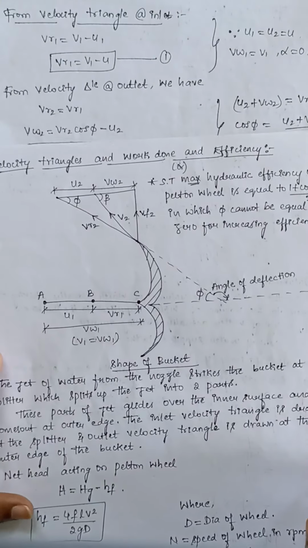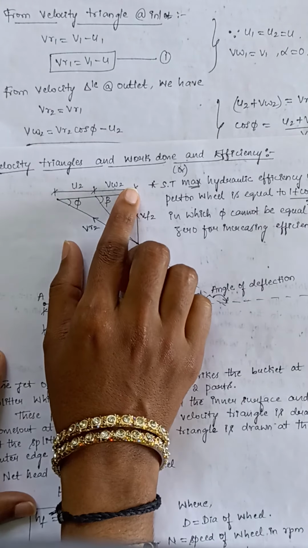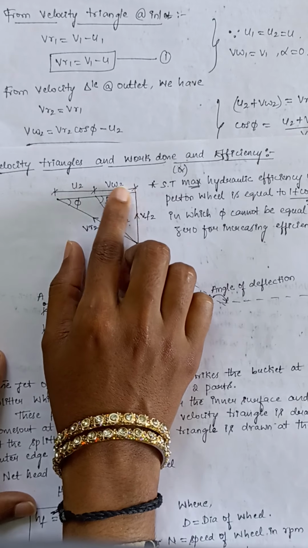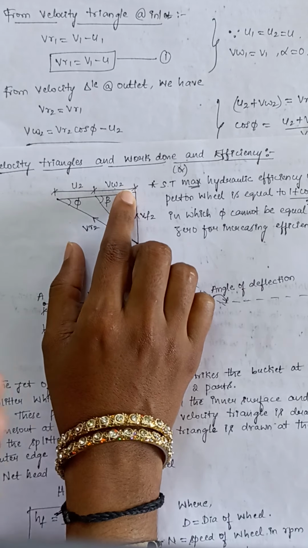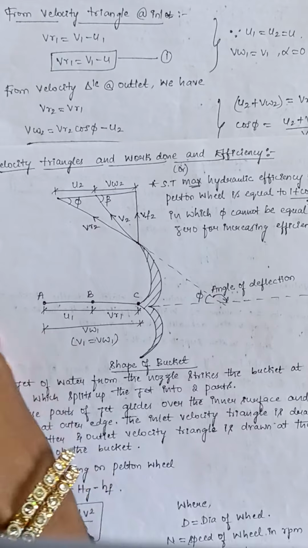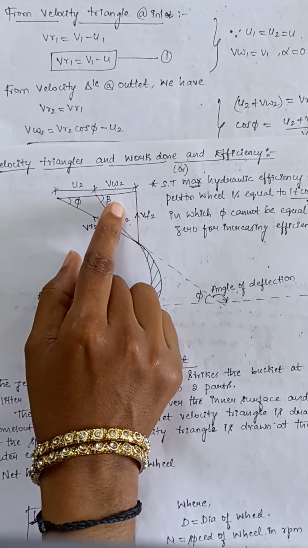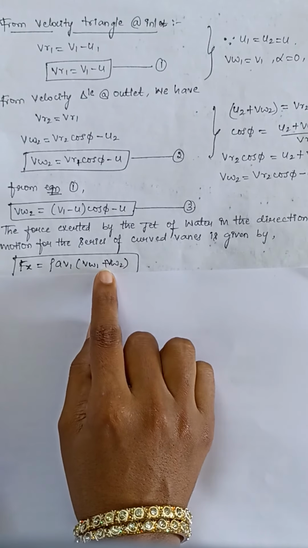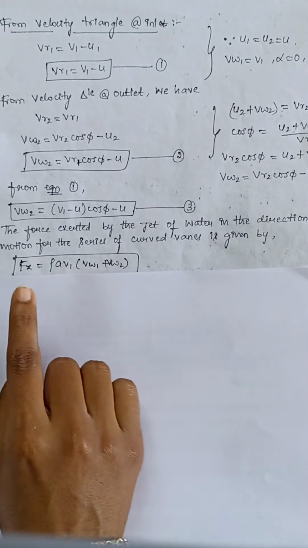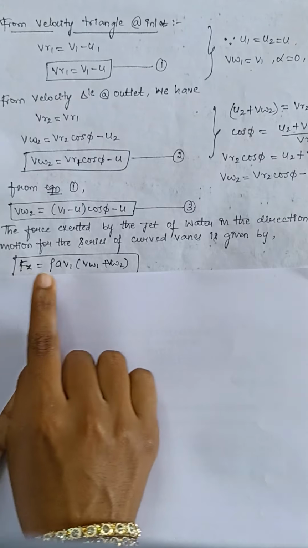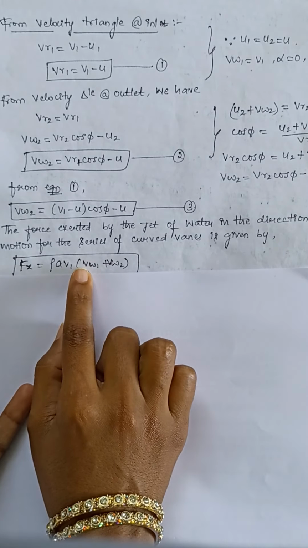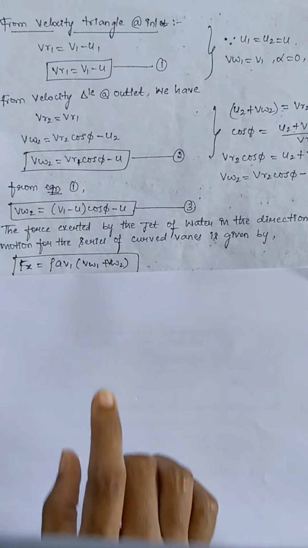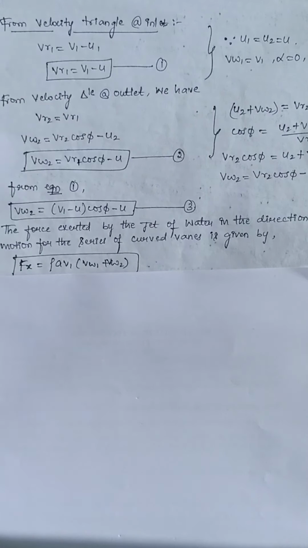So now the final velocity of the jet at the outlet tip is Vw2, and that will be moving in the leftward direction. As it is moving in the opposite direction, let us take it as minus. So minus of minus gives you plus. Hence the final formula for Fx we will get as rho a v1 into (Vw1 plus Vw2). So that is the equation of force which is generated by the jet on the series of curved vanes.